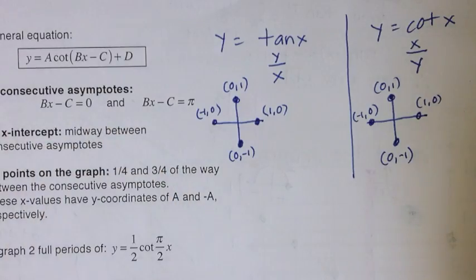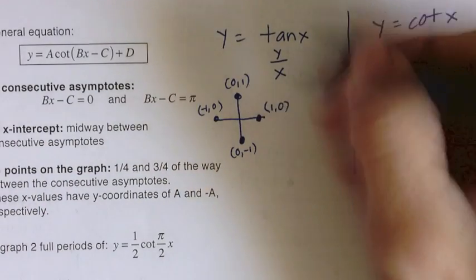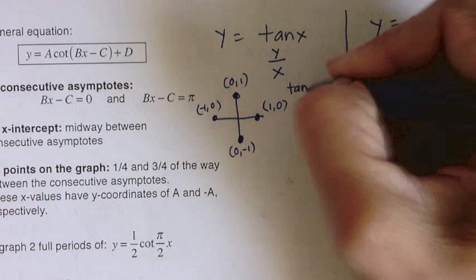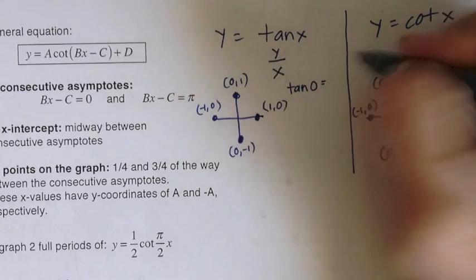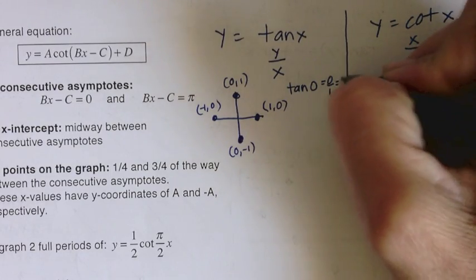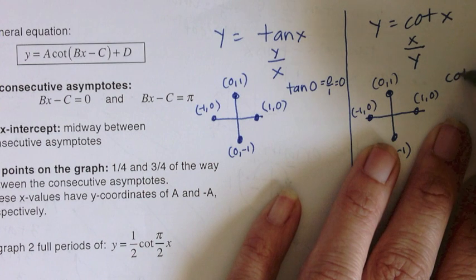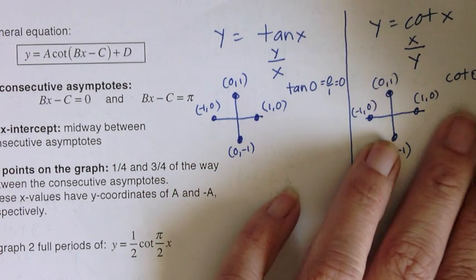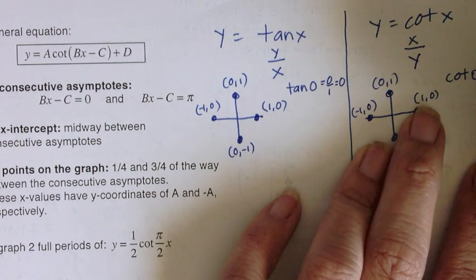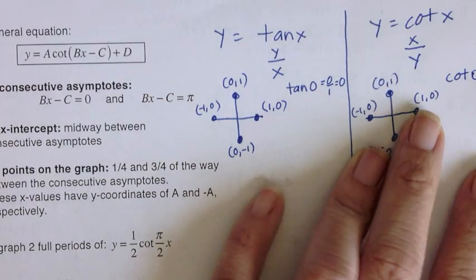Okay, look at when I do y over x. When I do the tangent of 0, y over x is 0 over 1, which is 0. Over here, though, when I do the cotangent of 0, it's x over y, which is 1 over 0, which is undefined.